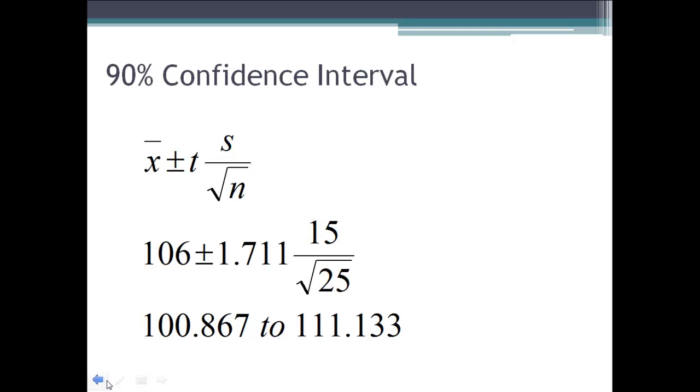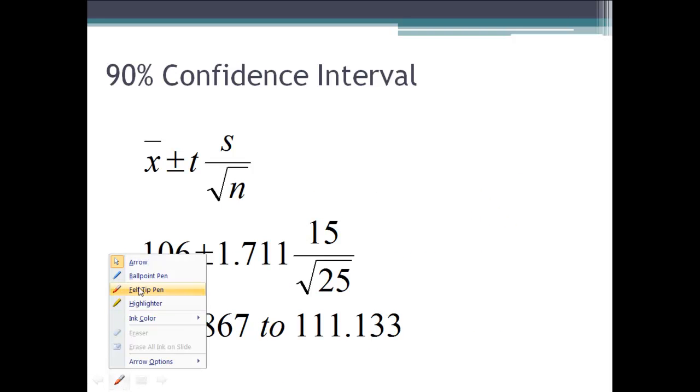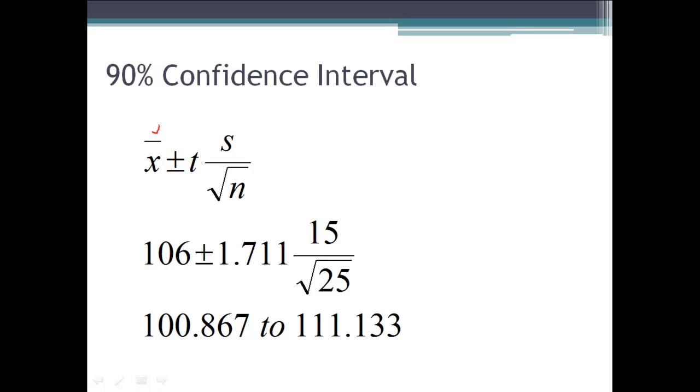So for our confidence interval, we will have the statistic plus or minus the confidence coefficient, which is t, because we have sample standard deviation. Remember, S and T are next to each other in the alphabet. They go together. Sample standard deviation goes with the t distribution. And then divide by the square root of n, you get the standard error. That's what all of this is. S divided by the square root of n is the standard error.